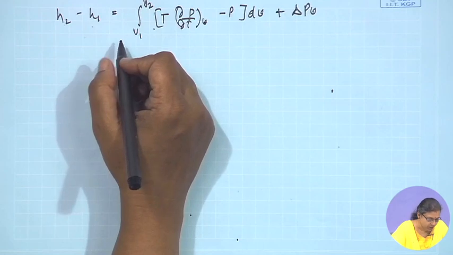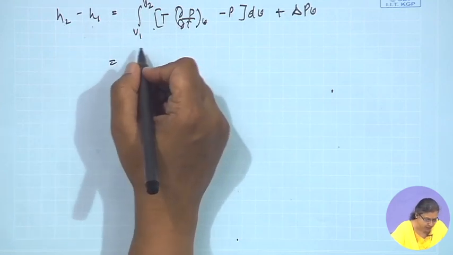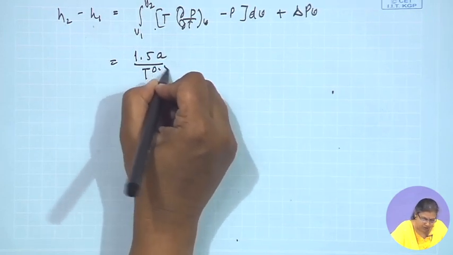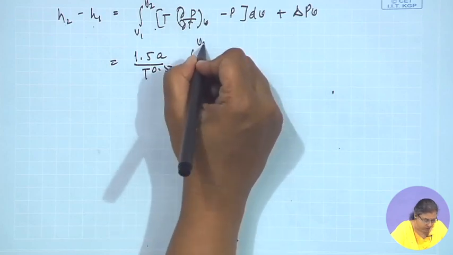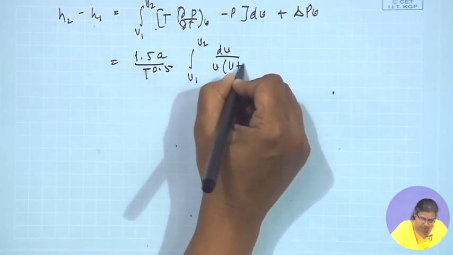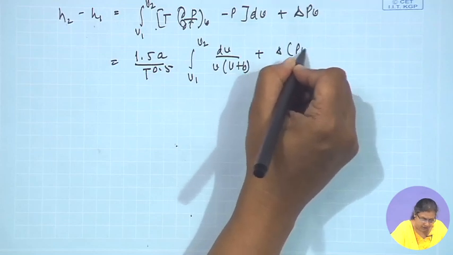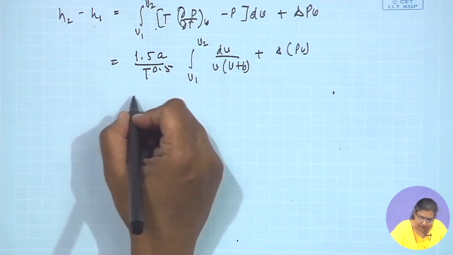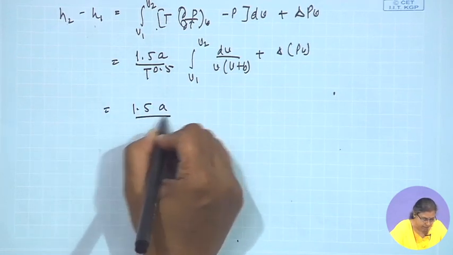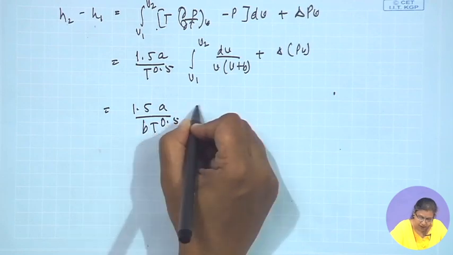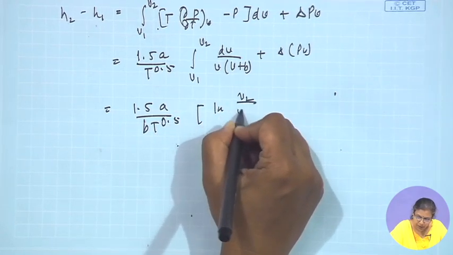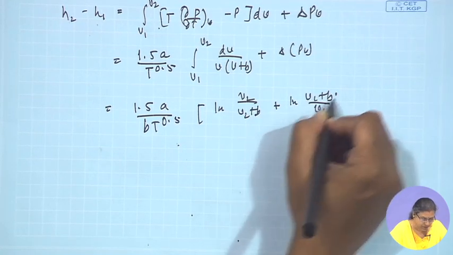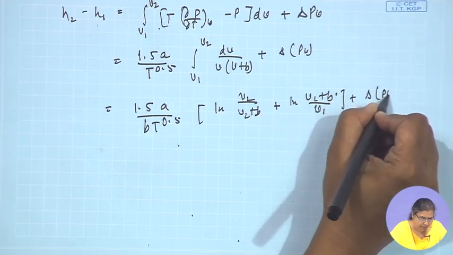Now from the Redlich-Kwong equation of state, if you perform these particular integrations, you find this is equal to 1.5 a by T to the power 0.5 integral V1 to V2 dV by V(V plus b), plus delta PV. If you integrate it correctly, this gives you 1.5 a by b T to the power 0.5 times [ln V2 by (V2 plus b) plus ln (V1 plus b) by V1], plus delta PV.